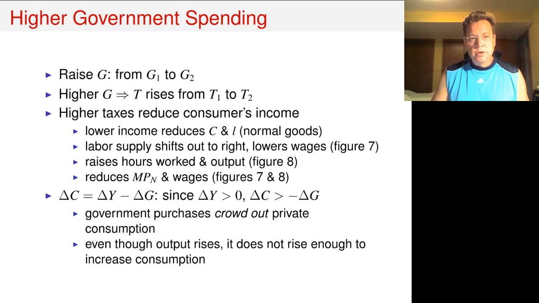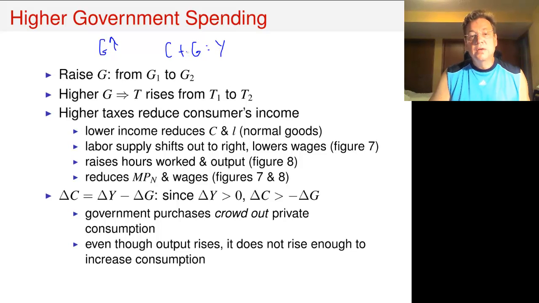Okay, let's get back to our thought experiment. This thought experiment entails raising government spending, so we're going to have higher G. And to understand the effects of this, we need to see that there are really two things going on. One is to remember that consumption plus government spending equals output.